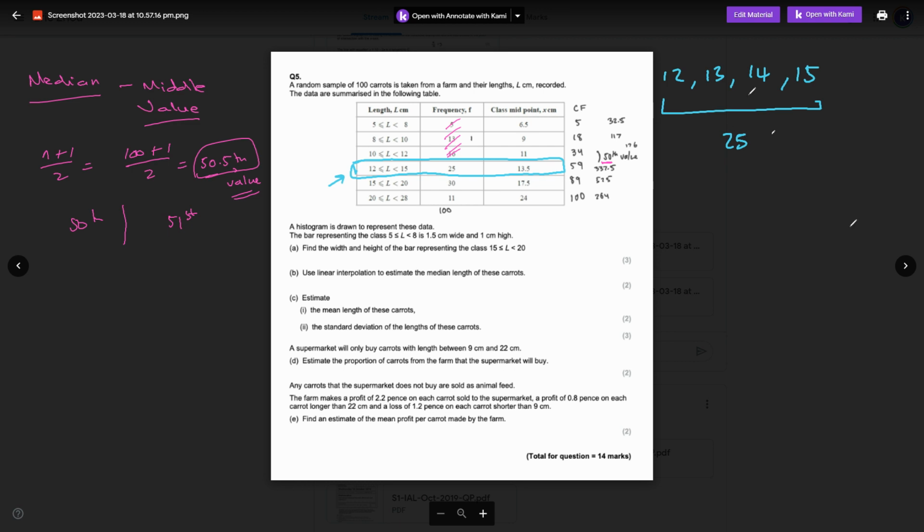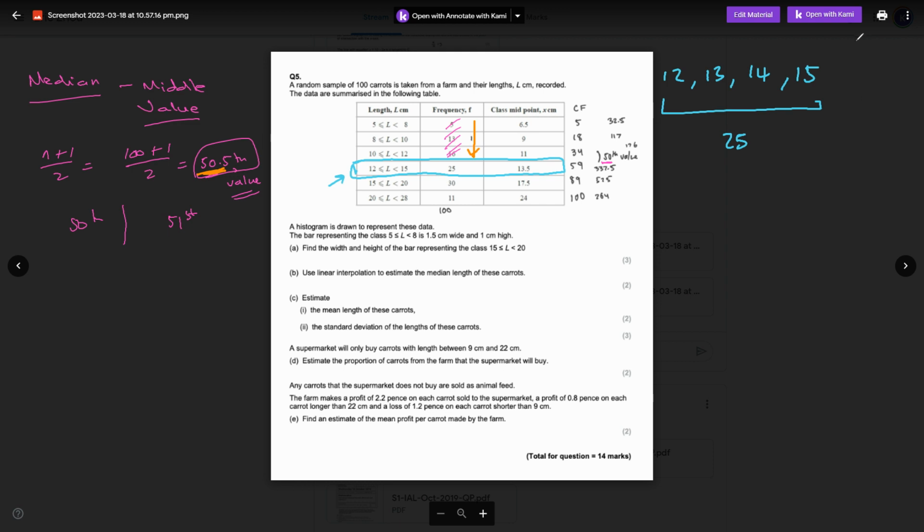If I have to allocate a middle value for this, I also know that I've got 34 already up till here, and I'm now going to add another 25, but I've got to add a certain number to get to the 50.5th value specifically.